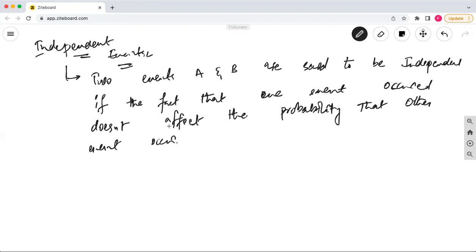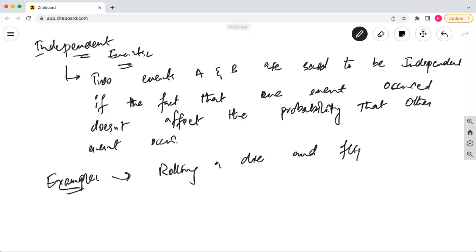In simple terms, you can say that the occurrence of one event does not affect the occurrence of the other, right? To give you an example, consider an event in which we are rolling a die and flipping a coin at the same time.